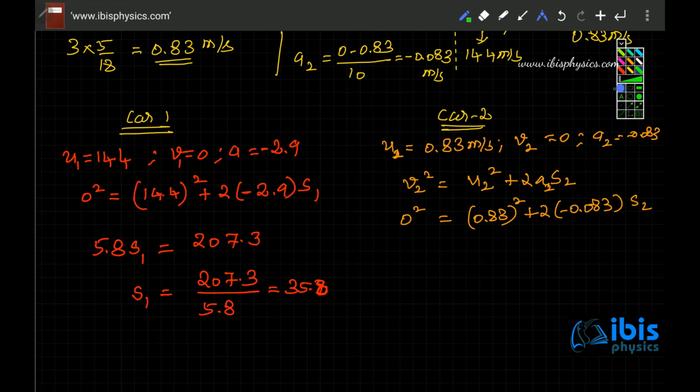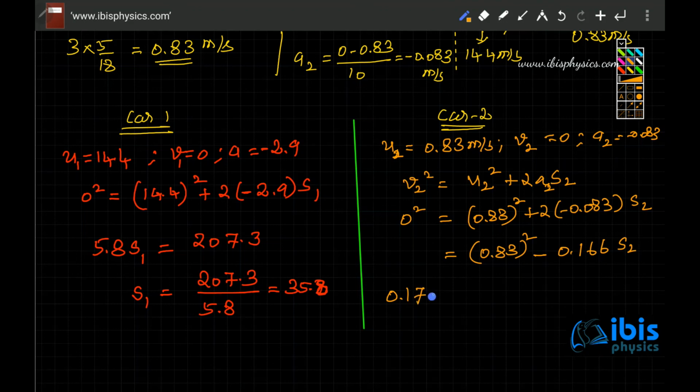Now let us find it for the second car. 2 into 0.083 is 0.166. So 0 equals 0.83 whole square minus 0.166 s2. When this comes here, 0 plus 0.166 s2, let me assume that as 0.17 s2 because I'm just approximating.